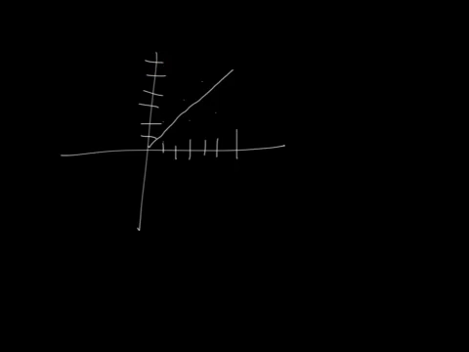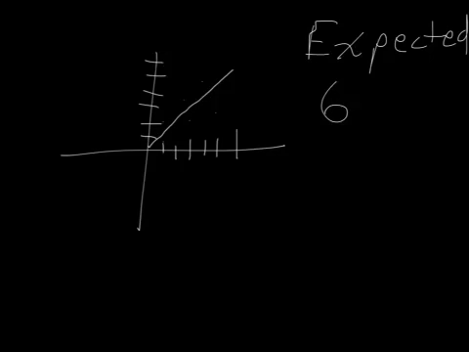So we're expecting our value to be 6. Now, we could also show our actual value by having a point on this graph. So if our point was at 3, so actual is 3, then our residual is found by 3 minus 6, which is negative 3.